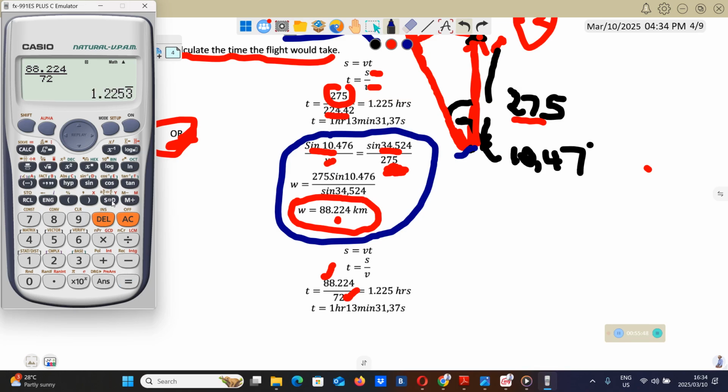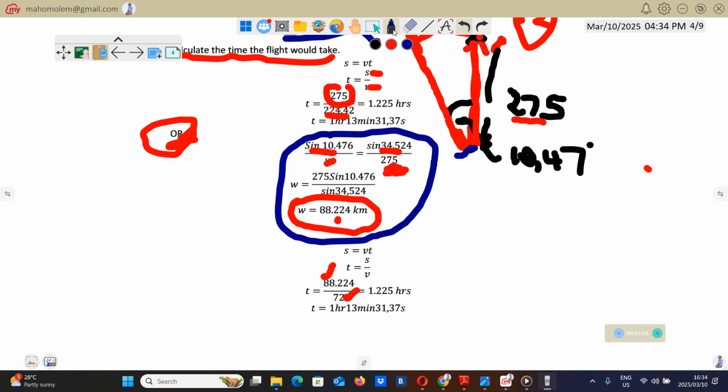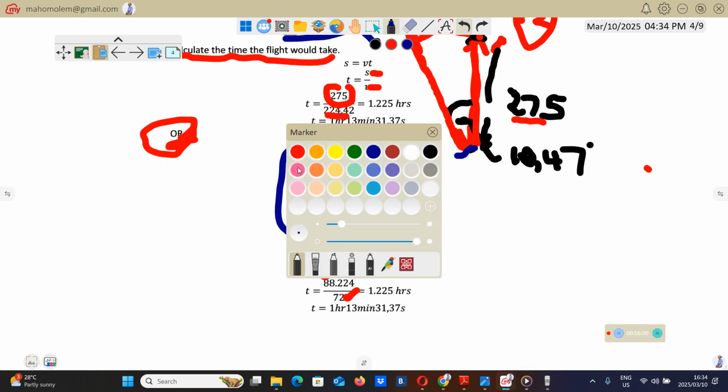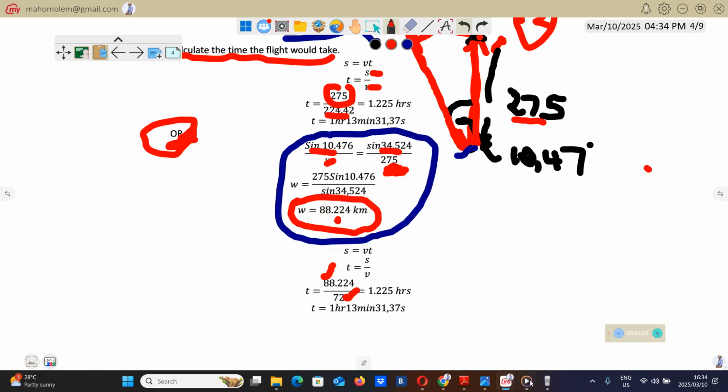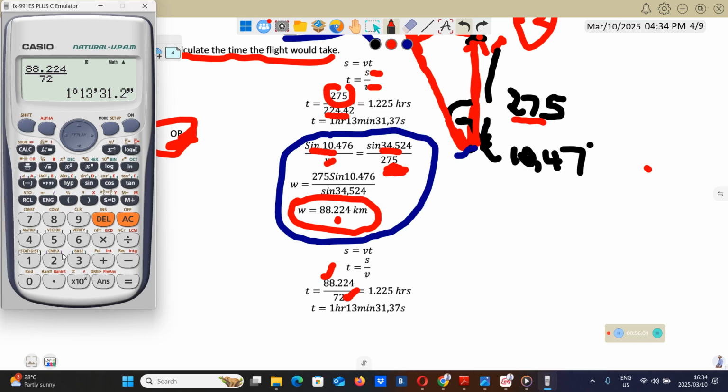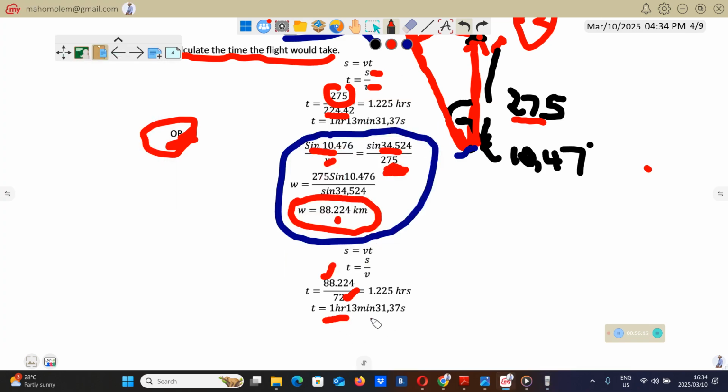Then you can come to this button that shows about 3 quotation marks. Then you can see you'll have 1 hour, 13 minutes, and 31.2 seconds, which is this one.